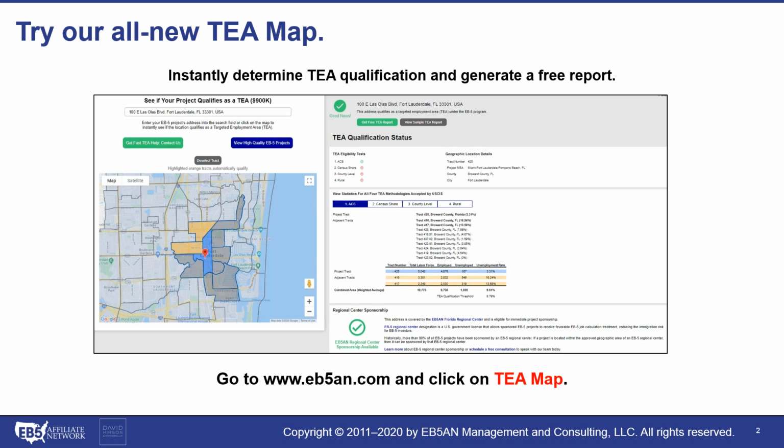You can type in the address of any project in the United States or Puerto Rico and immediately determine if a project qualifies for TEA status, and also generate a letter confirming that completely for free. Almost 5,000 people have used the tool since it launched just a few weeks ago. So it's a very effective and free way to see if a project will work as a TEA area.